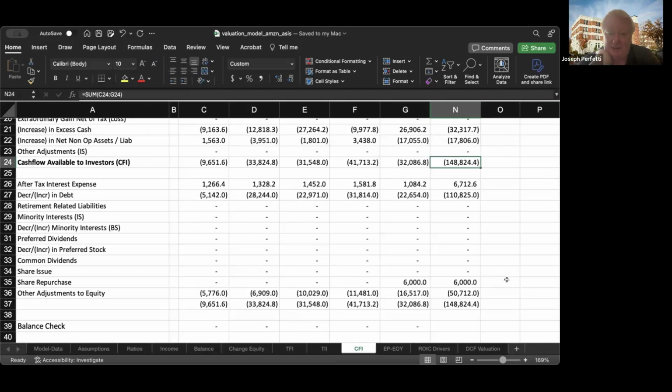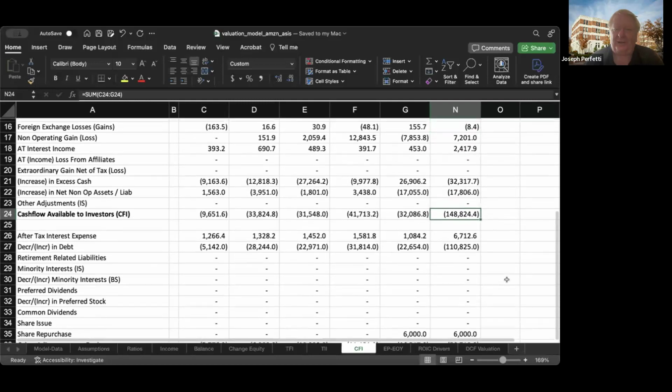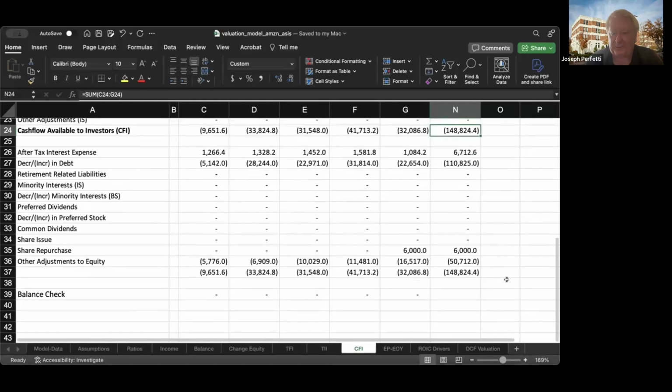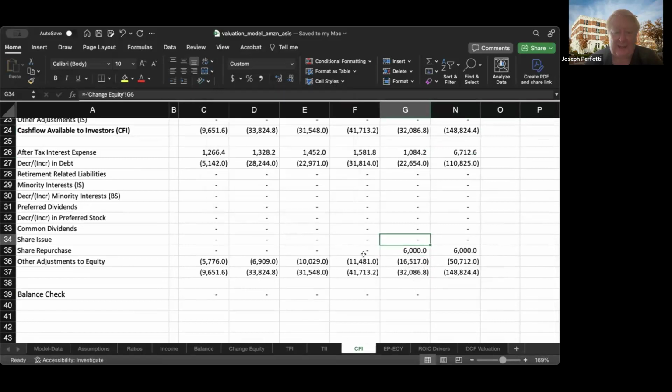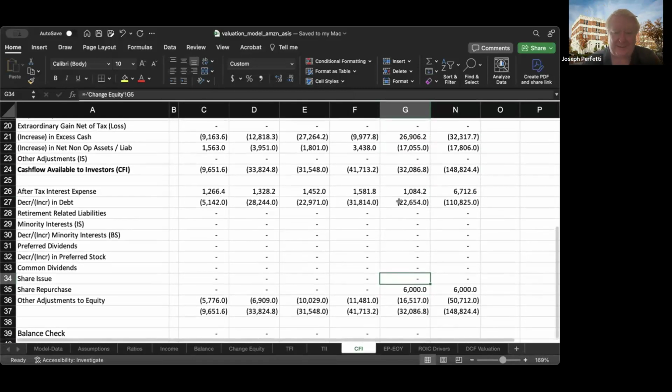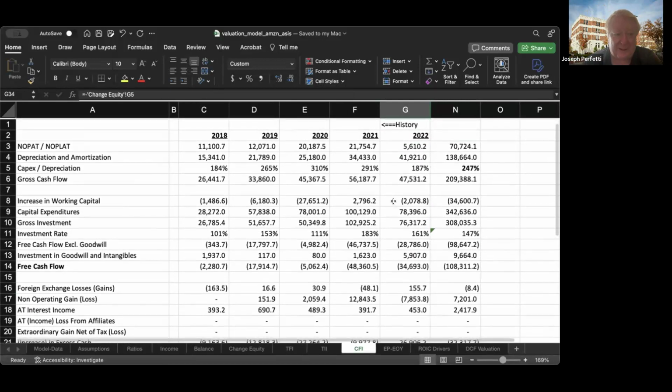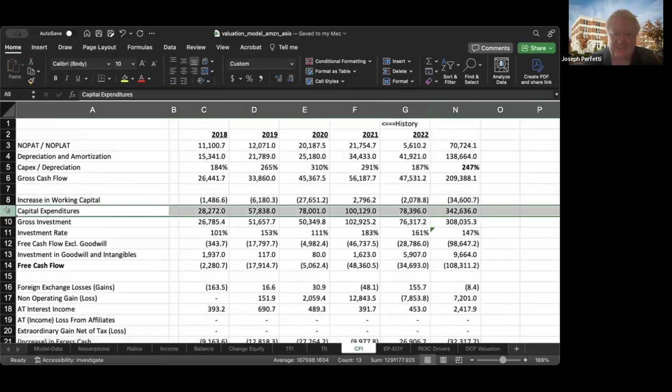Just talking about the share repurchase, they only started share repurchase in 2022, the first time ever for Amazon. Historically they didn't pay dividends and they didn't buy back stock. So unlike the other companies that we looked at, Starbucks, even the last one that we just did, who were issuing debt to help repurchase the stock, here it's clear that Amazon is issuing the debt not to buy back the stock, but to fund the CapEx.